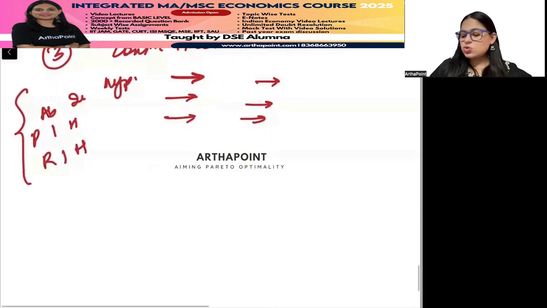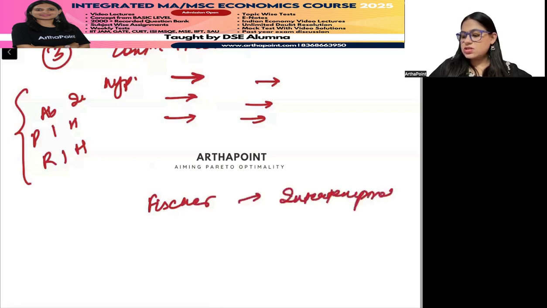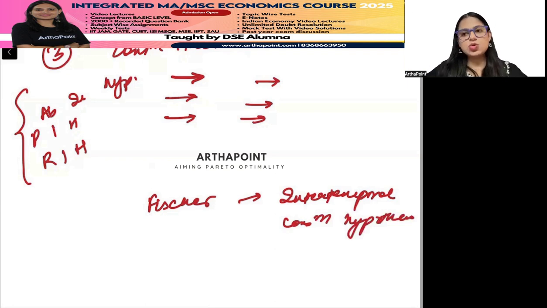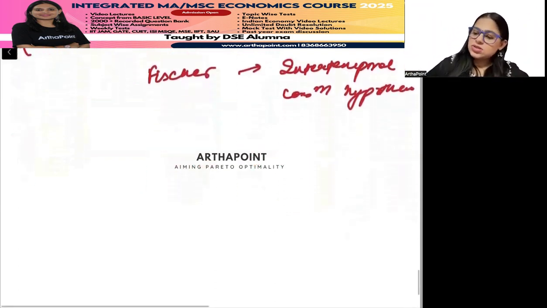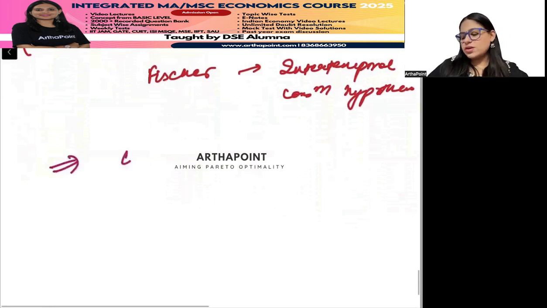And apart from this, you should be aware that Fisher had given intertemporal consumption hypothesis, है ना. So Fisher told that consumption has to take place in 2 periods. उसके बारे में भी आपको discuss करना है. Okay बेटा, apart from this, then you will focus on your investment theories.